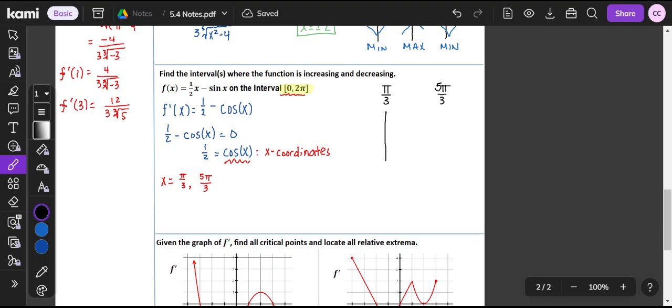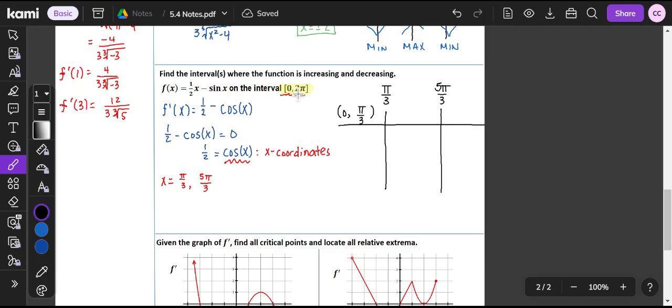And when I go to set this table up, remember, I'm going to choose some intervals. Now again, let's think about this. It's a circle that repeats itself over and over and over. So it might be tempting to say from negative infinity to pi over 3, but what we're actually going to do is set it from 0 to pi over 3, because it's a circle, so it loops back on itself over and over and over again.